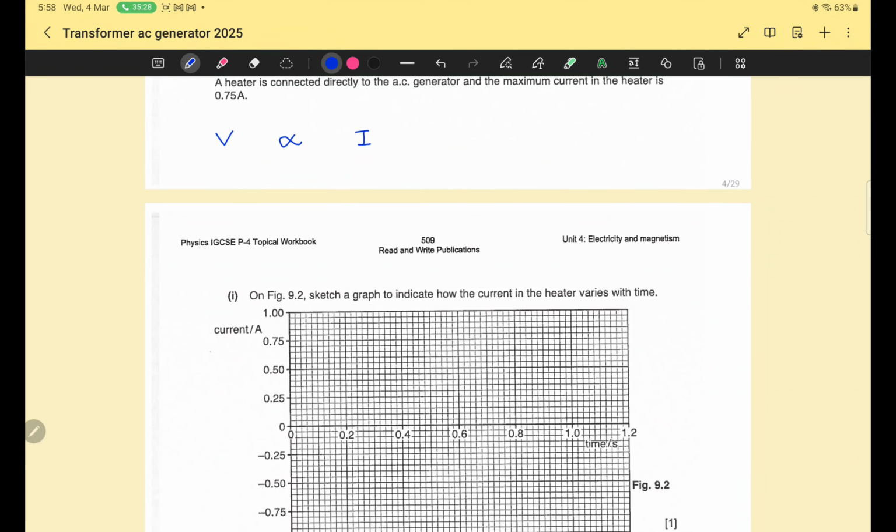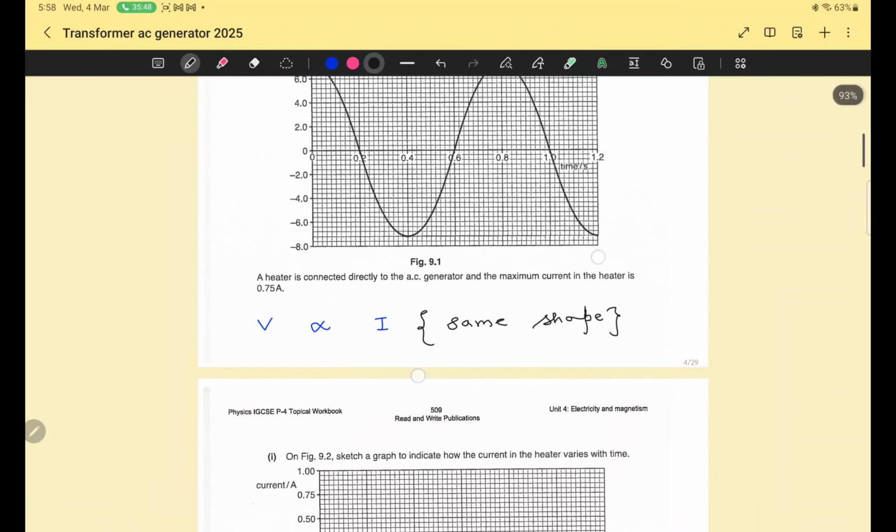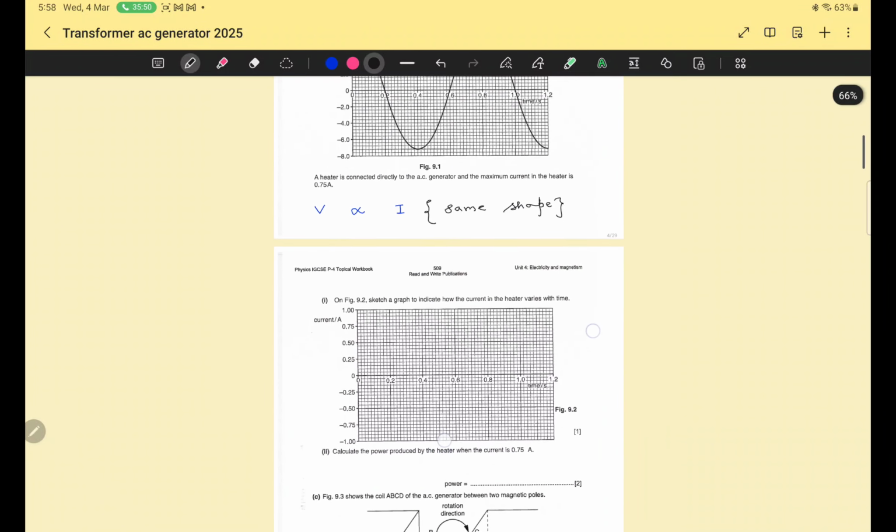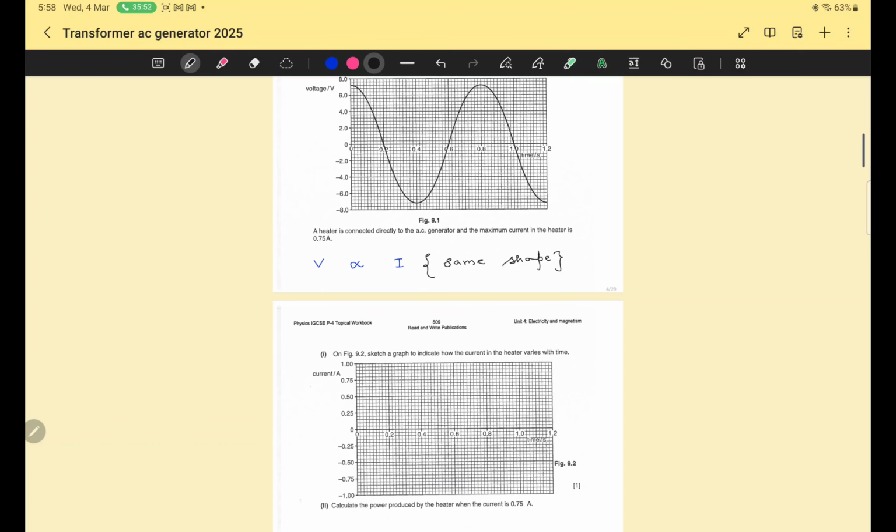And if two quantities are directly proportional, then their graphs will have the same shape. So I can say the graph will be like this. The same shape graph will be here.